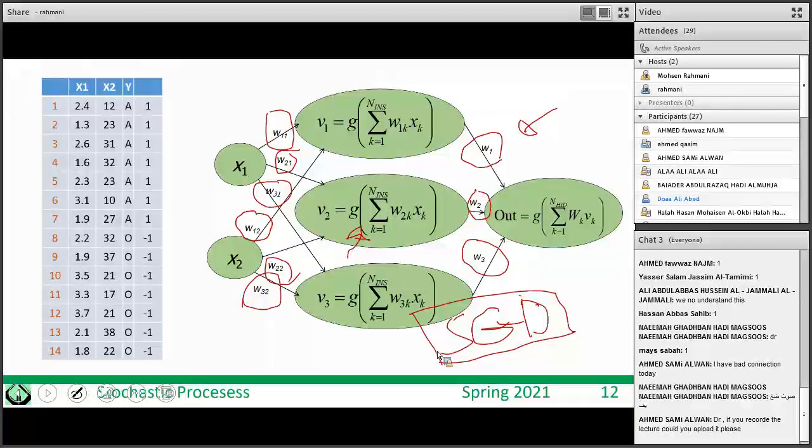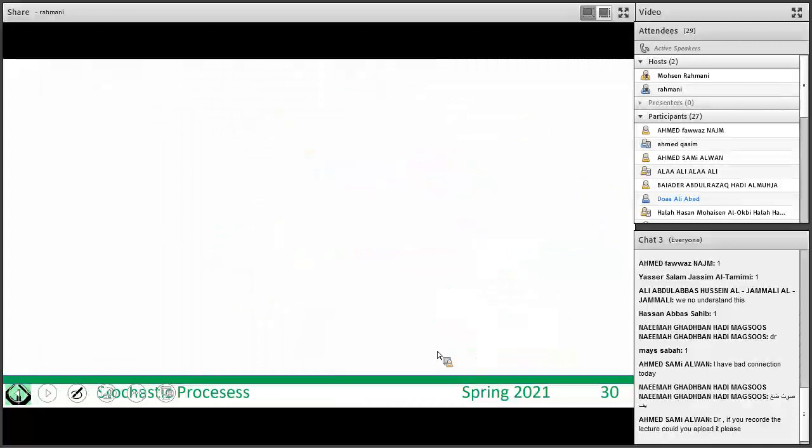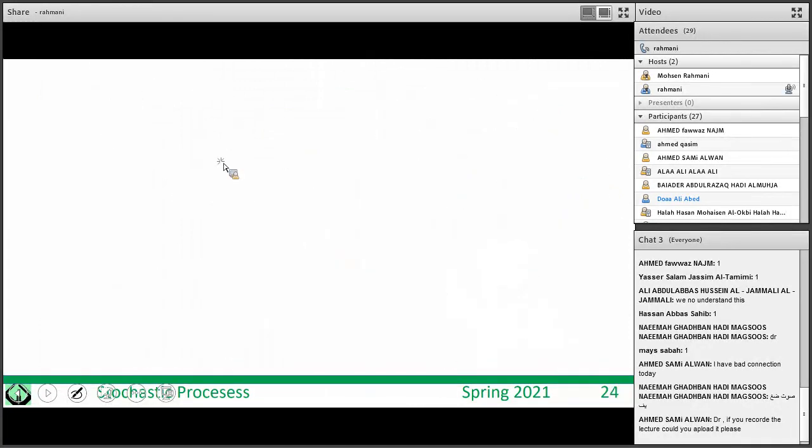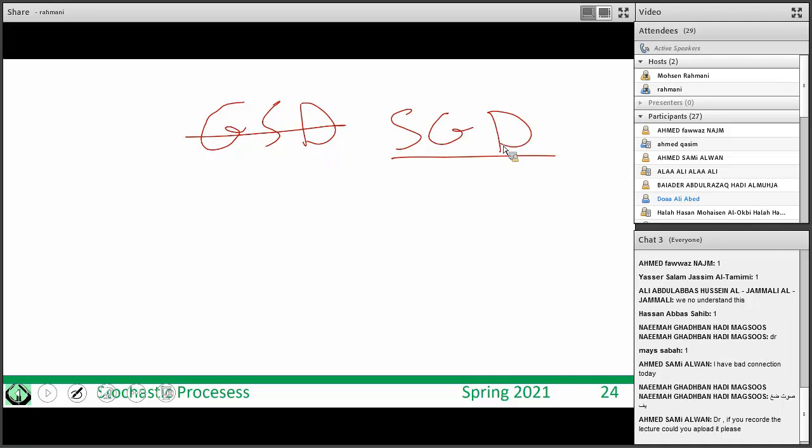Let me make a conclusion. The SGD method is used to calculate the weights, the W's, in a neural network.